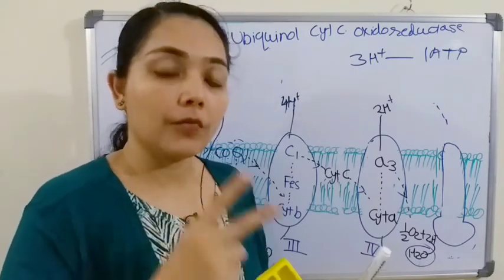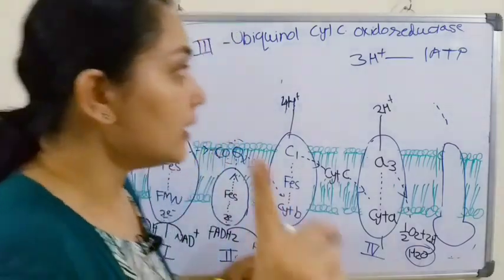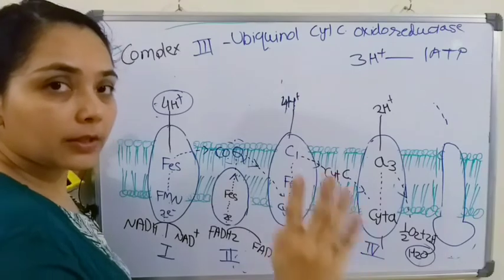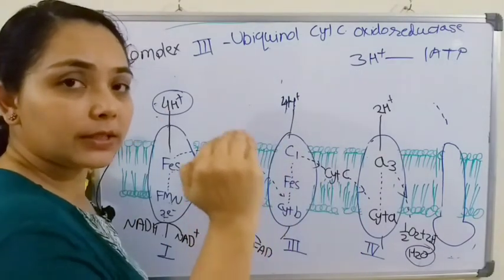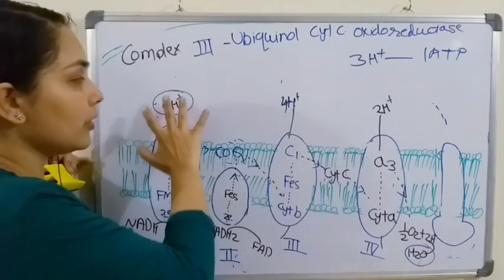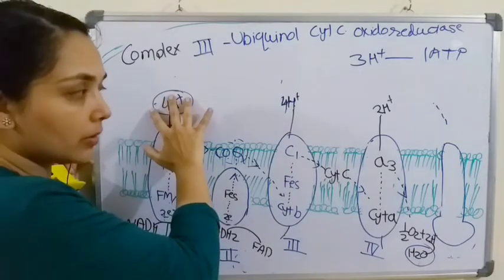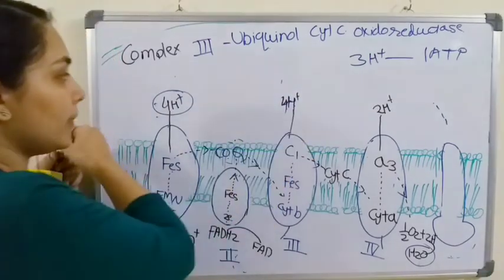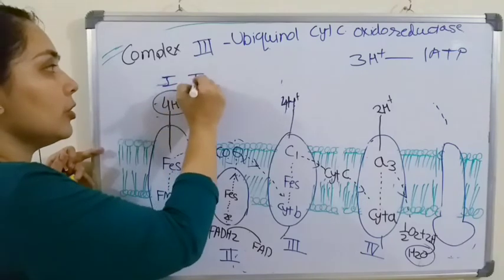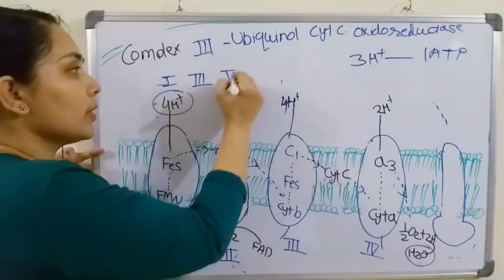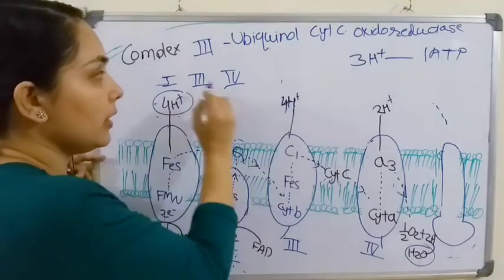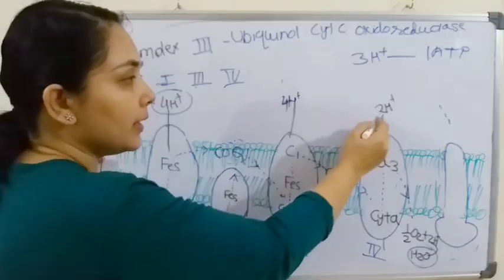So why is there a difference? As we had already discussed, NADH donates its electron to complex 1. Complex 1 pumps 4 protons. The pathway for NADH is from complex 1 to 3 to 4. So from 1, 4 protons, from 3 again 4 protons, and from 4, 2.